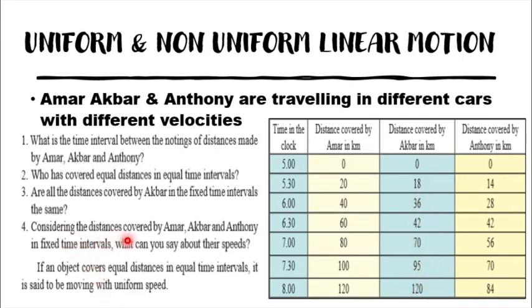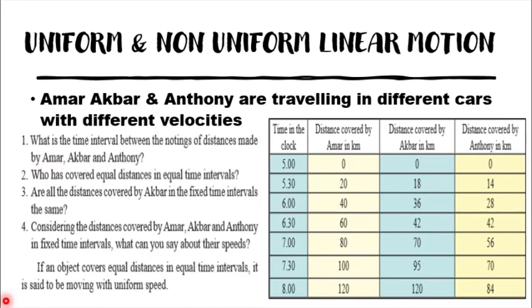Considering the distance covered by Amar, Akbar and Anthony in fixed time interval, what can you say about their speed? So what we can say is that Amar and Anthony are traveling with uniform speed, whereas Akbar is traveling with a non-uniform speed. Why? Because the distance covered is not equal.